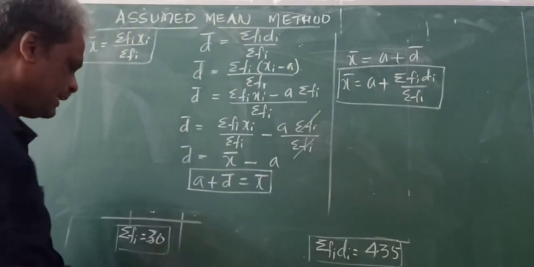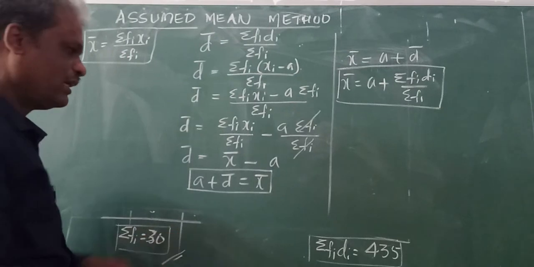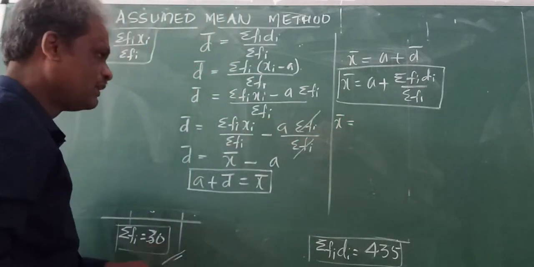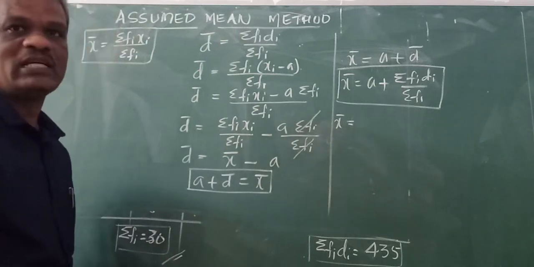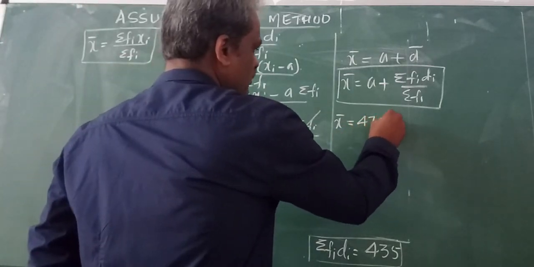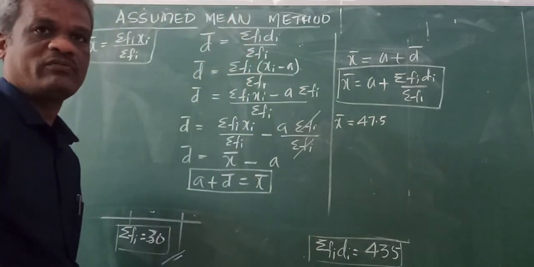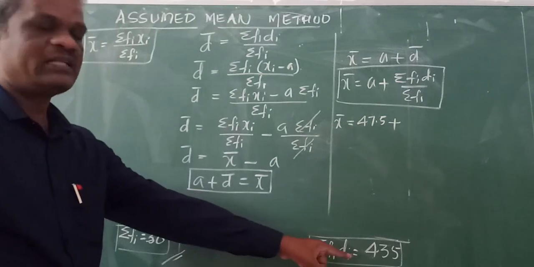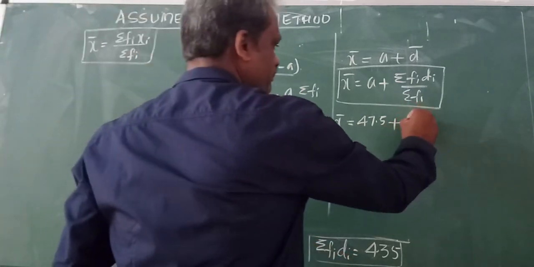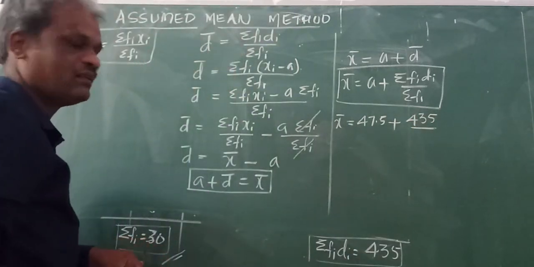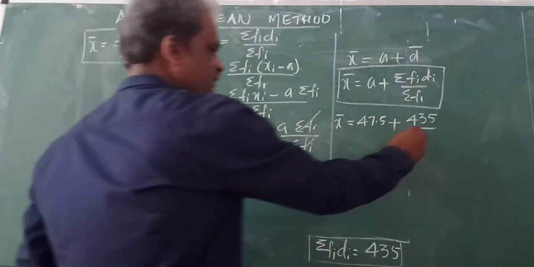Now, as we already calculated, for this particular problem we assumed the mean value as 47.5. So x bar is equal to 47.5 plus sigma fi di, which we got as 435, divided by sigma fi, which is 30, the sum of the frequencies.